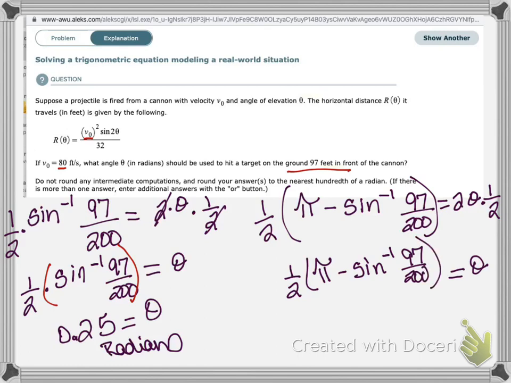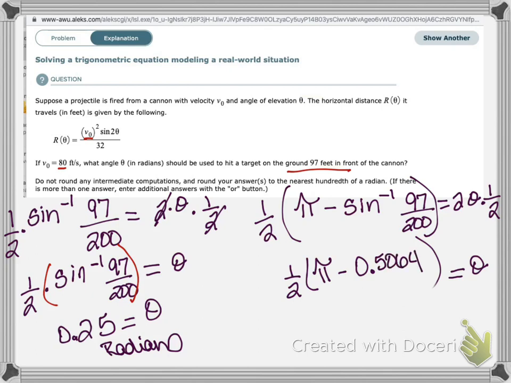Now, if it's easier for you to think about this, you could take the inverse, and I know it tells us not to round until the very end, but we already know the inverse sine of 97 over 200 is approximately 0.5064.